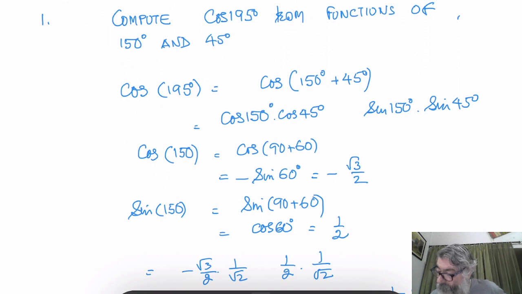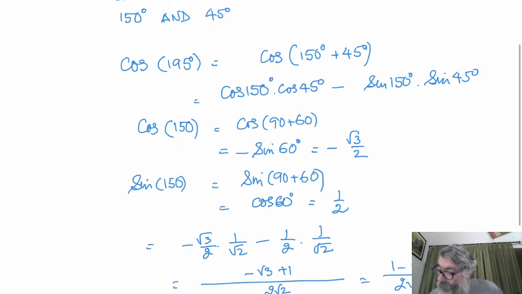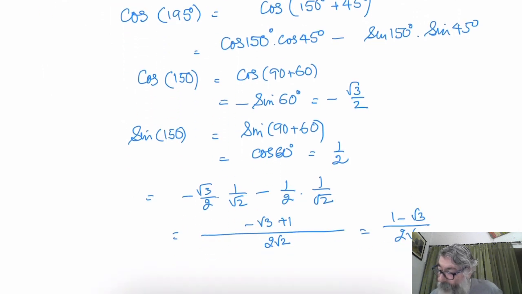Sorry, it will be minus here, and it will be minus here. It becomes minus, so we can take minus common and write 1 plus root 3 upon 2 root 2.